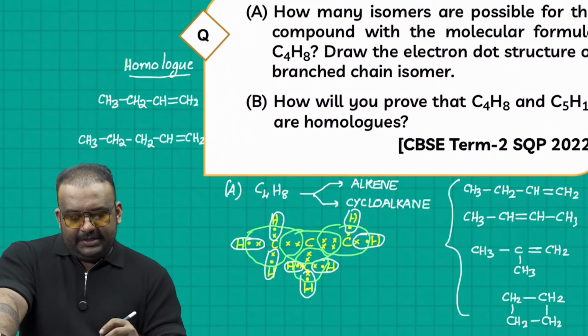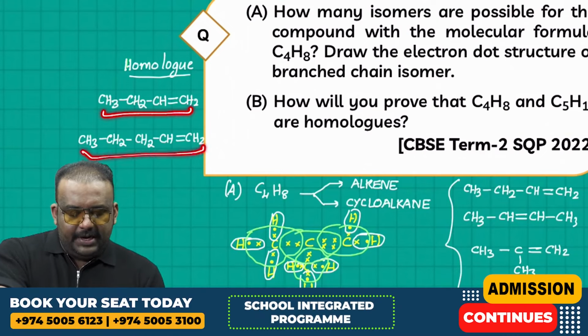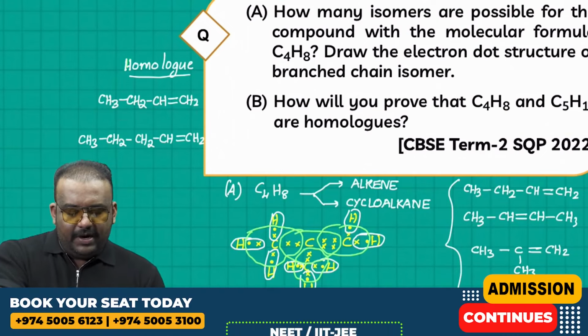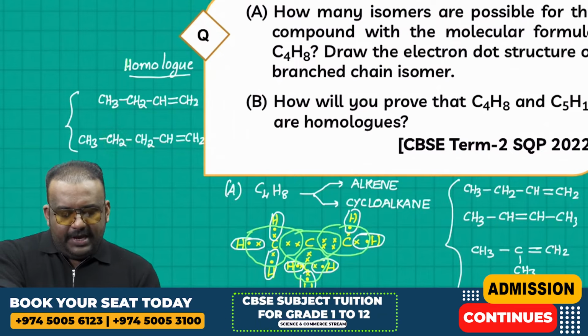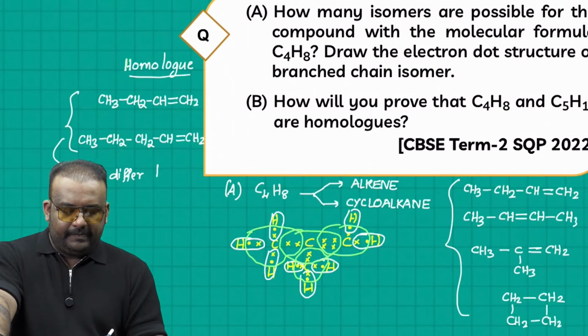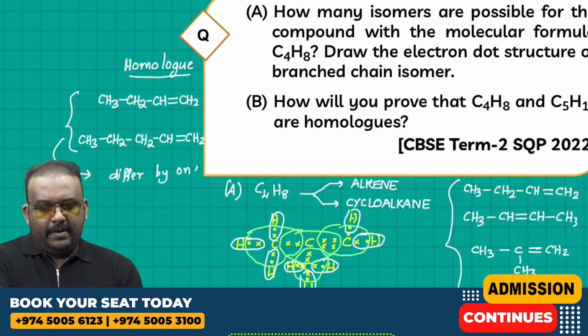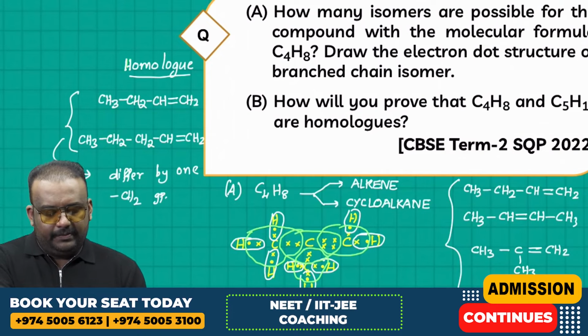Look at both these structures. You can see that they differ only by one extra CH2 group, correct? So we can say these two compounds differ by one CH2 group. That is one criterion.